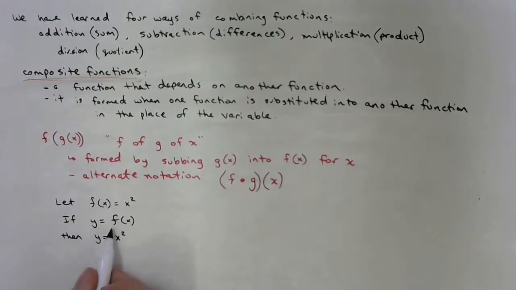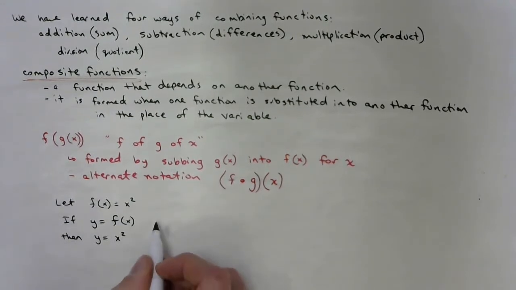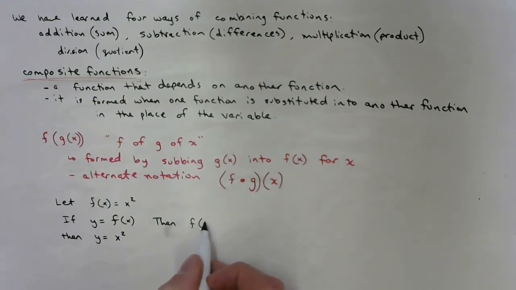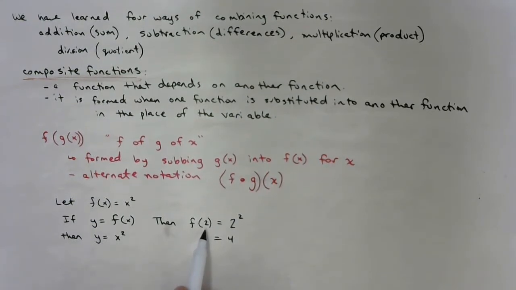That's just one function f that depends on x. And if we needed to find the value of the function when x is 2, if we needed to find f of 2, we would simply sub the value 2 in for x. We'd end up with 2 squared, which equals 4. Okay, that's pretty easy.